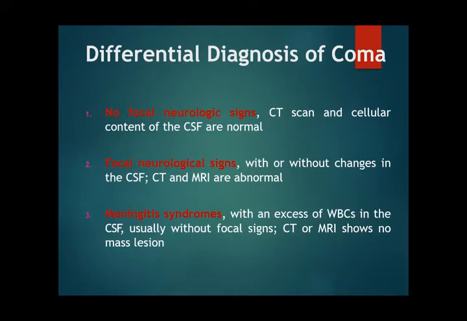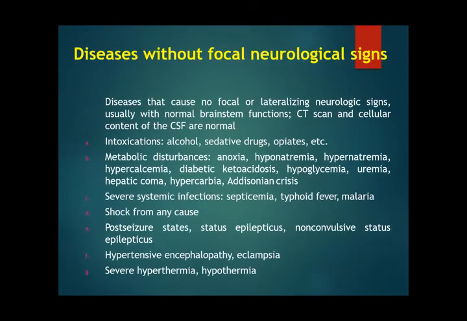And then we have intoxications like alcohol overdose, overdose of sedatives, antidepressants, opioids, and even severe systemic infection. Infection is not directly involving the brain or the nervous system, but as a secondary effect, the patient is in altered mental status. It can occur in malaria, in sepsis of any cause, and shock of any cause. It can also lead to altered mental status, and post-seizure states like post-ictal states and status epilepticus.